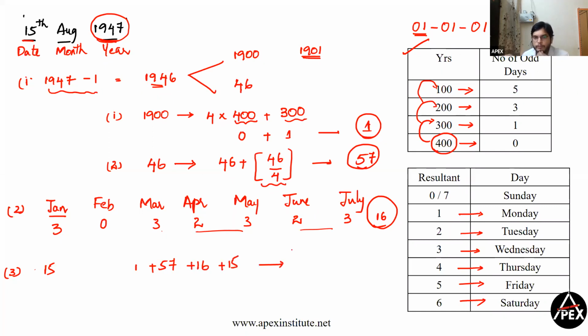What is the total? 89. Divide 89 by 7. What is the remainder? When 89 is divided by 7, 84 is divisible by 7, so the remainder is 5. And 5 corresponds to Friday. So the answer is Friday.